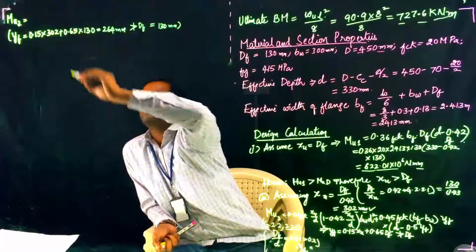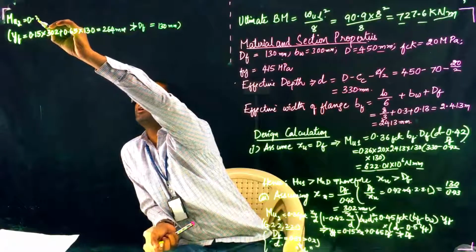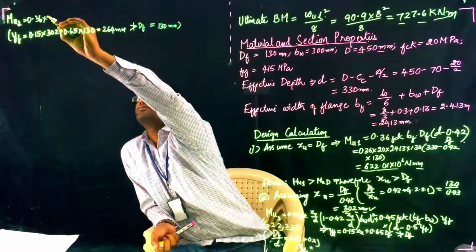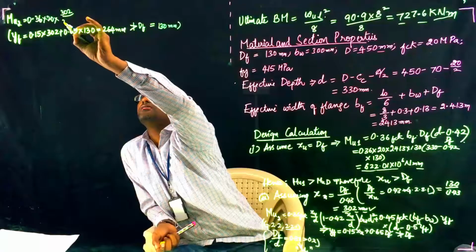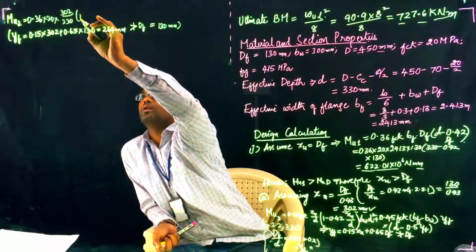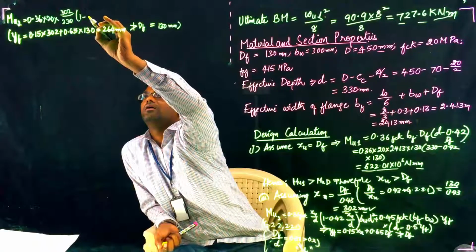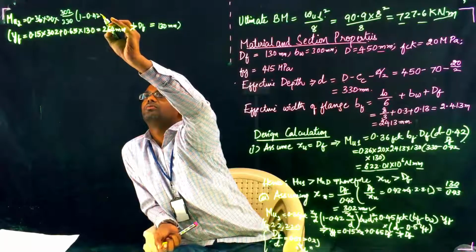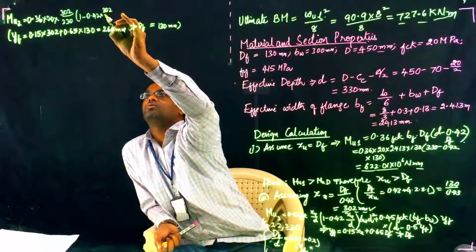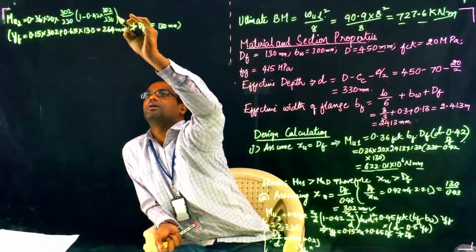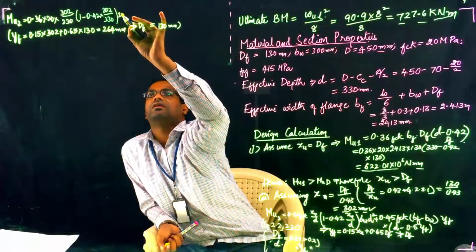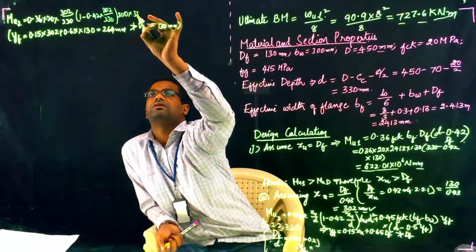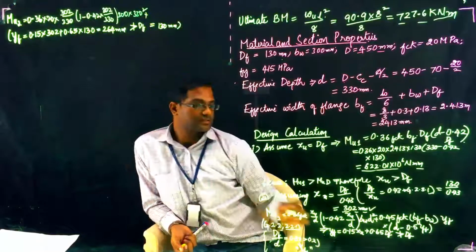Now MU2 is given by substituting these values. 0.36 into FCK is 20, XU is 302 by D is 330, into 1 minus 0.42 into 302 by 330, into BW D square. BW is 300 into D is 330, plus the second term.